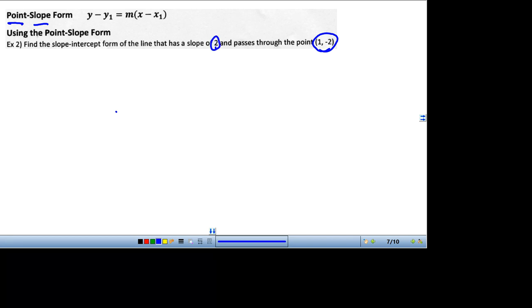So what I'm going to do, first label everything because that's what I like doing. I say m is 2. And I say my point, here's x1 and here's y1. And if they ask you for the equation of a line and they give you a point and a slope, you just plug it in.